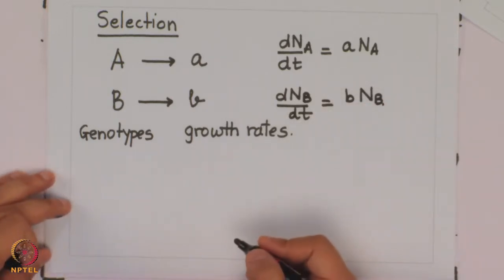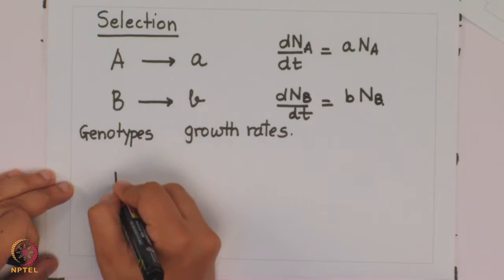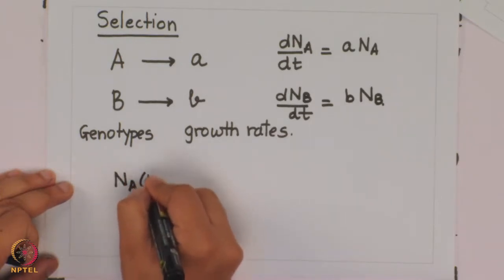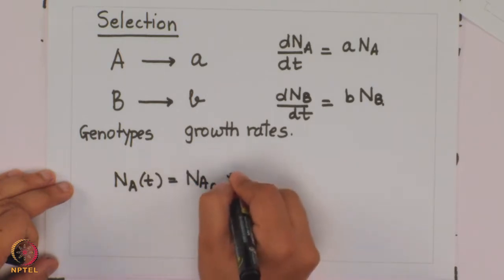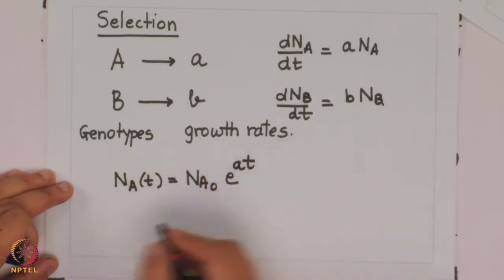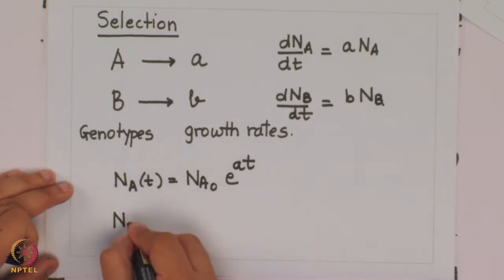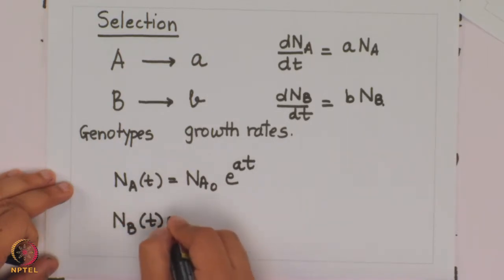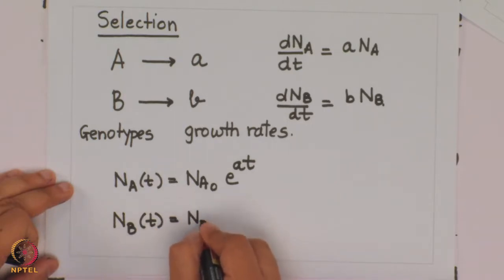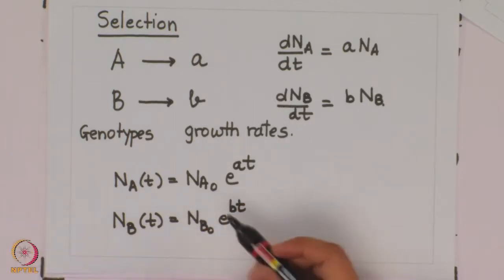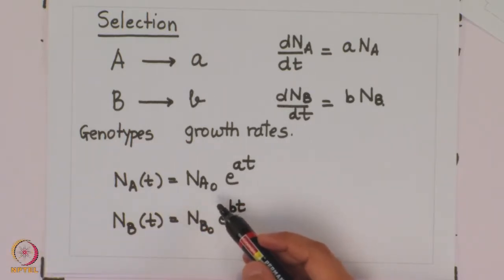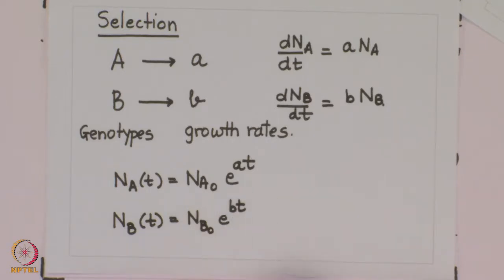Now, we've already seen the solutions to these equations, and we know that NA with time is equal to NA naught e to the power AT, and NB(t) is equal to NB naught e to the power BT, where NA naught is the number of A individuals that we start with at t equal to 0, and NB naught is the number of individuals of type B at time t naught.